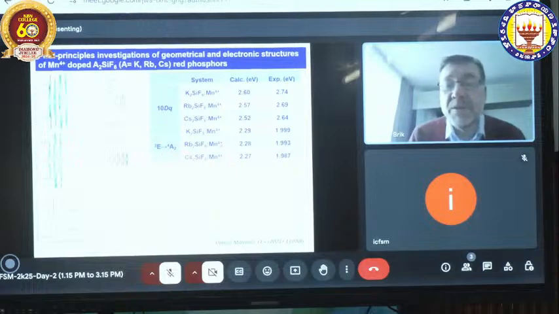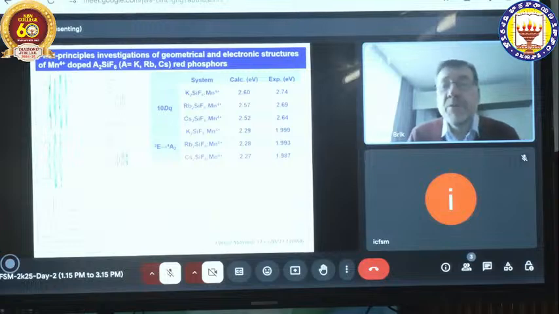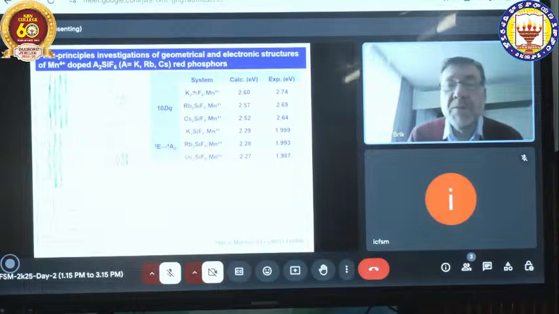Here we have these numbers which we calculated: 10 Dq, and the energy of the 2E to 4A2 emission. We do not get exact correspondence with experimental data, and I will tell you why later on. But what is essential is that we can reproduce the experimental trend in the behavior of 10 Dq and the emission energy. When we move from potassium to rubidium to cesium, we have a decrease of 10 Dq, which is also confirmed by calculations.